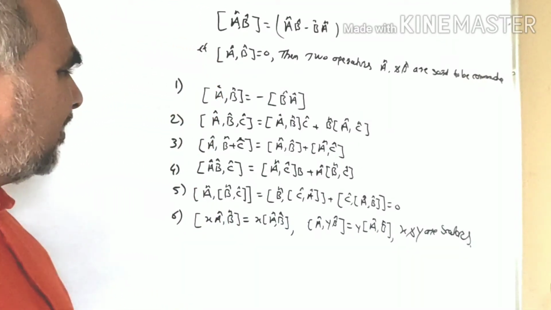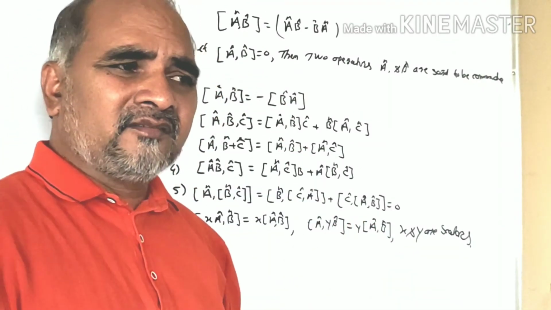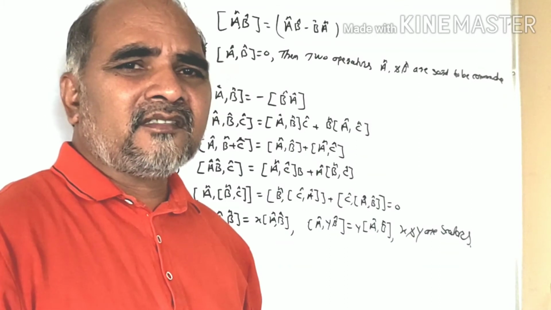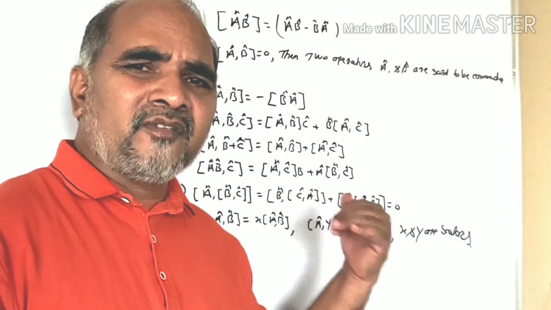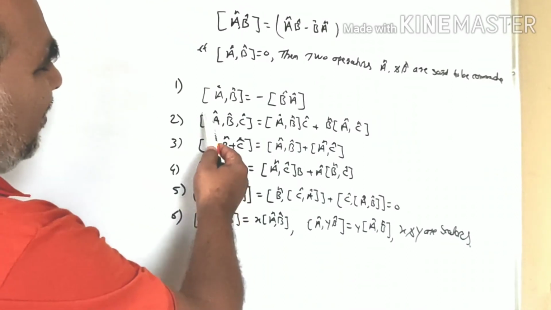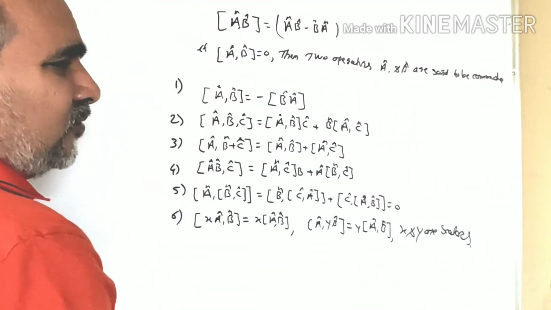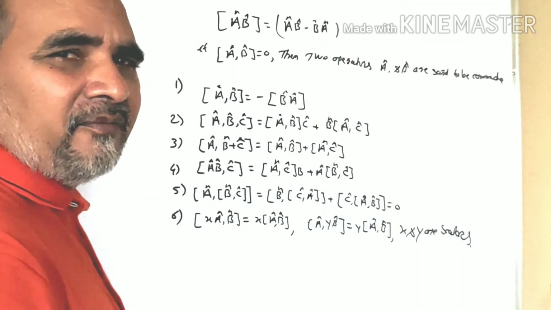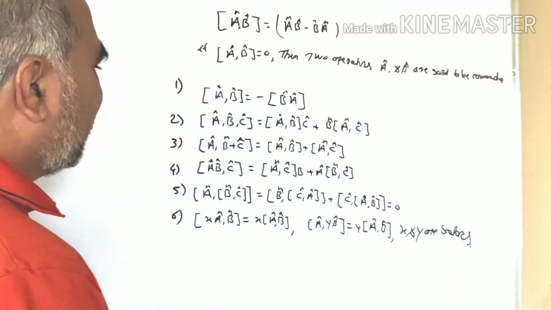Now there are some algebraic properties of a commutator that we have also seen in mathematics. The commutator of AB is equal to minus the commutator of BA. If you reverse the order, the sign will change.